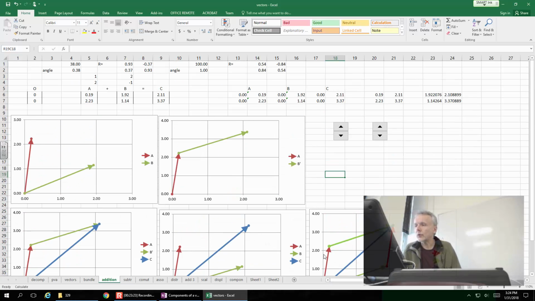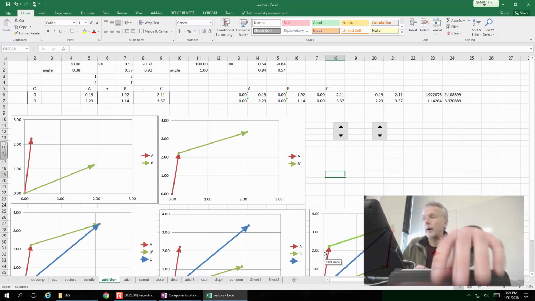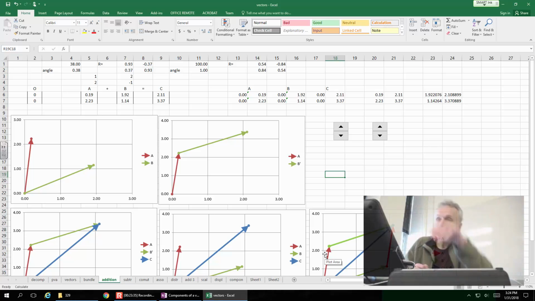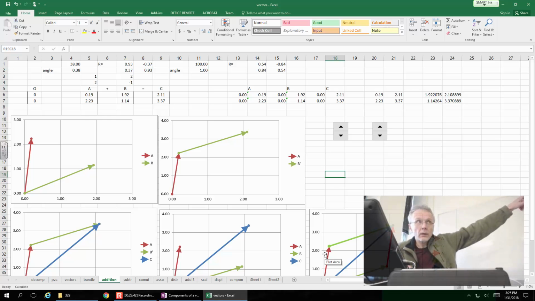Okay, so as you can see, what's happening here is component-wise addition in dimension 2. I start with 2 vectors, green and red, and there you can see them at the top. Can you see A, B, and C over there, right above the pictures?